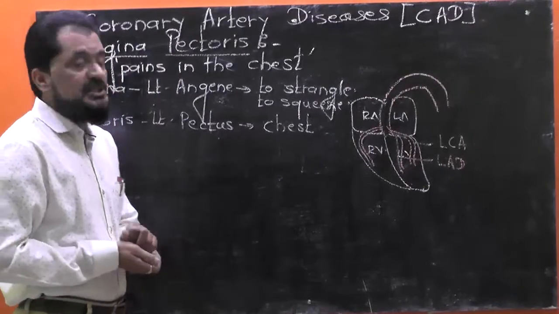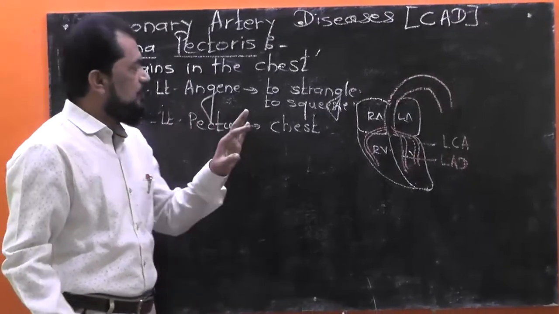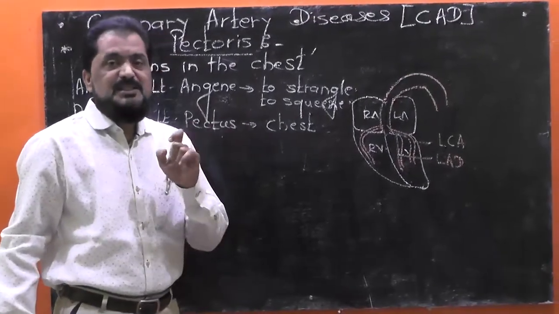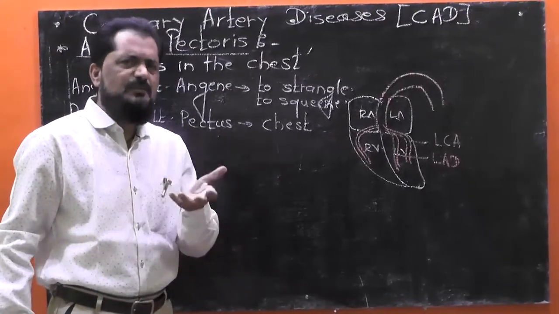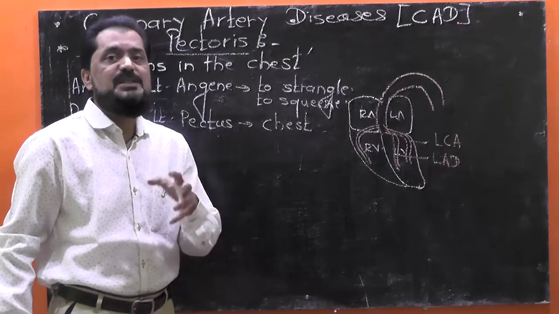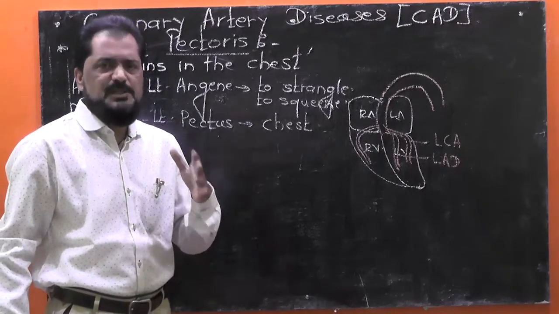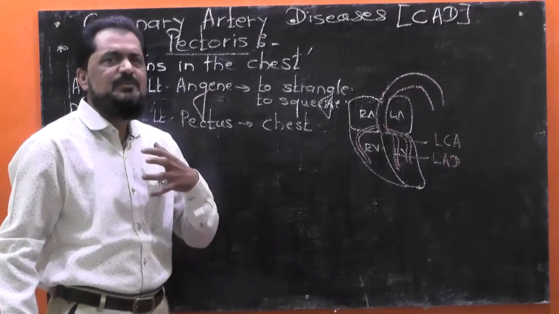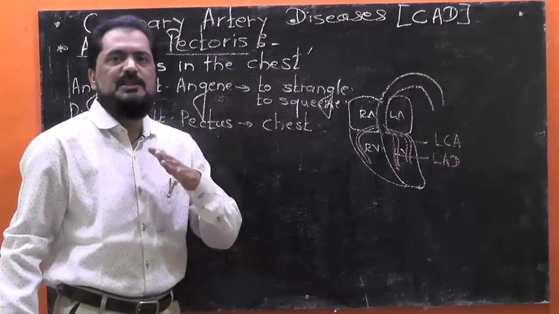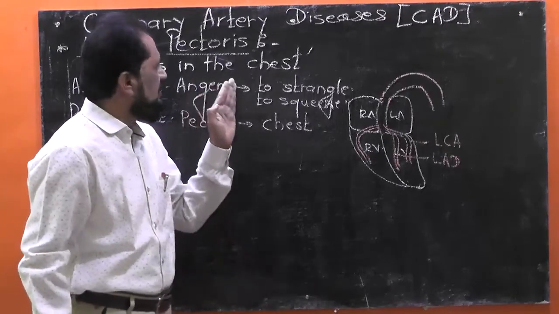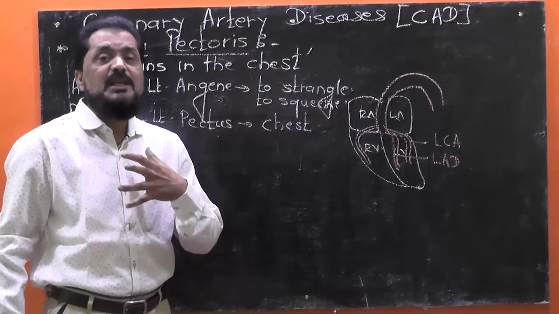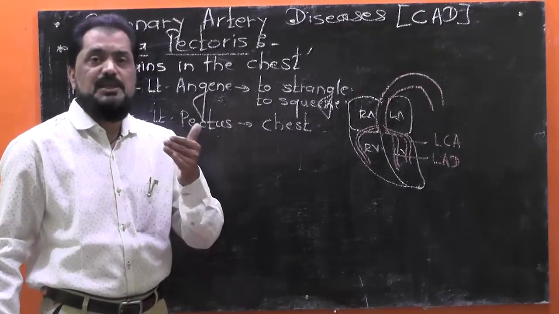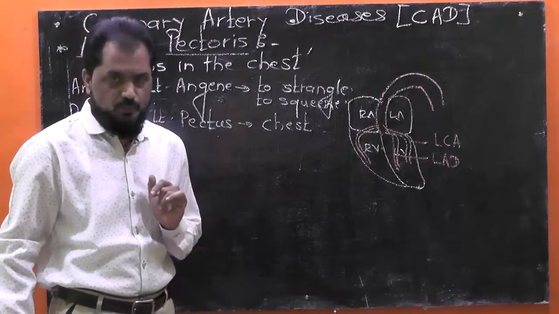So the literal meaning of angina pectoris is a strangling feeling in the chest region. Strangling means squeezing. Whenever a patient feels squeezing or strangling in the chest, it is referred to as angina pectoris. Literally, in Marathi, it means a feeling as if the chest is being squeezed.